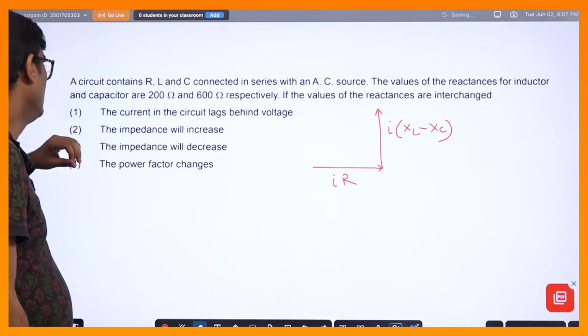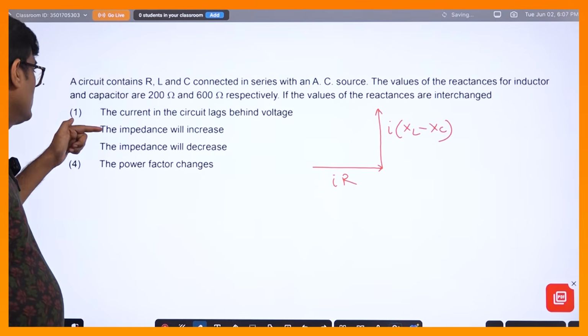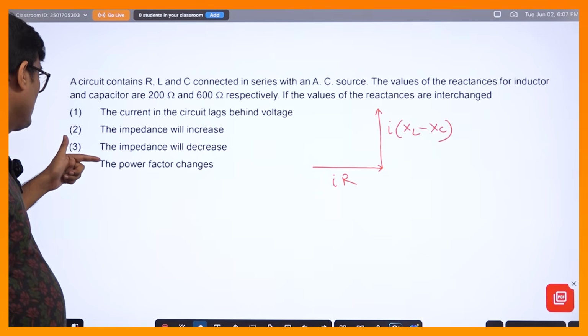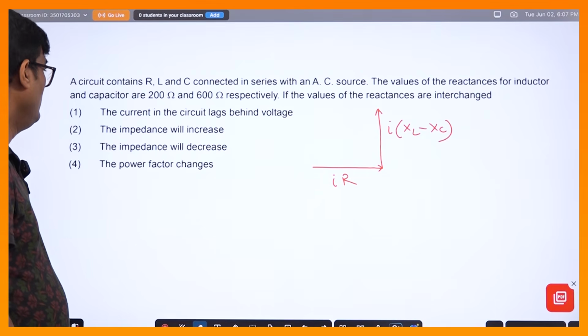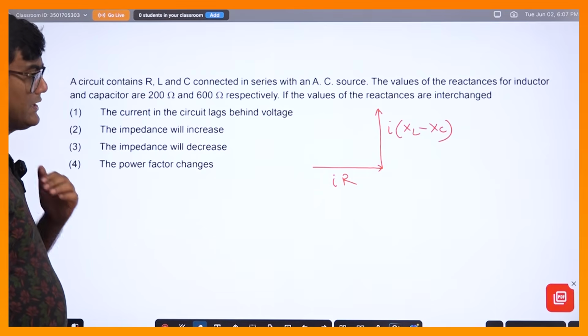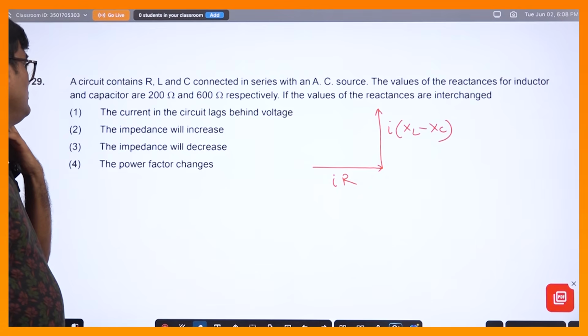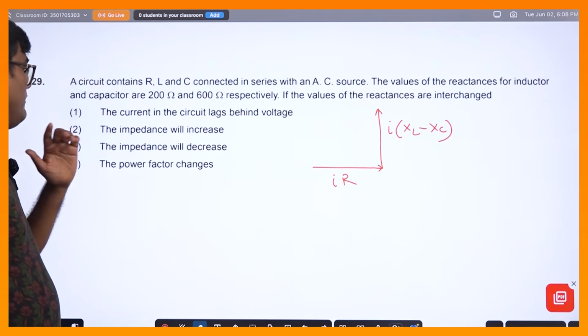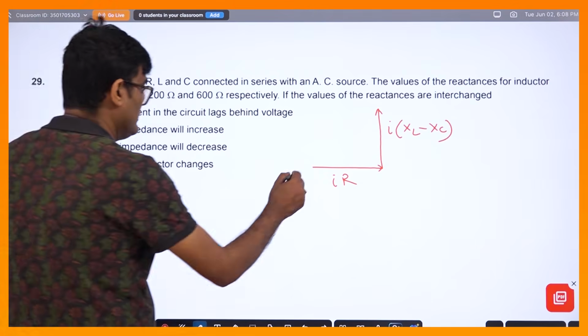The impedance will remain the same, right? The power factor also remains the same, but power factor means actually this angle theta.